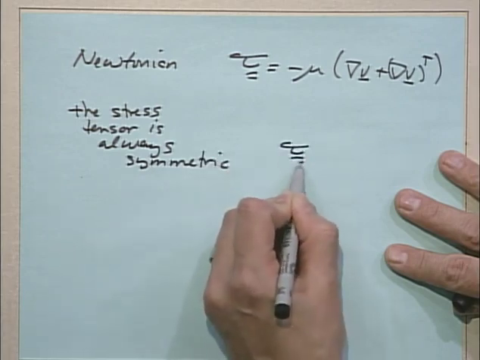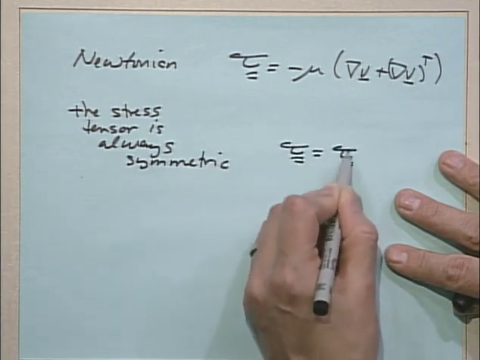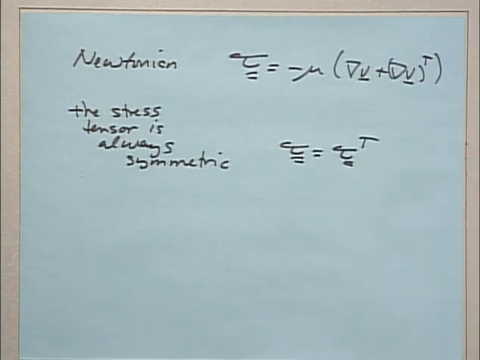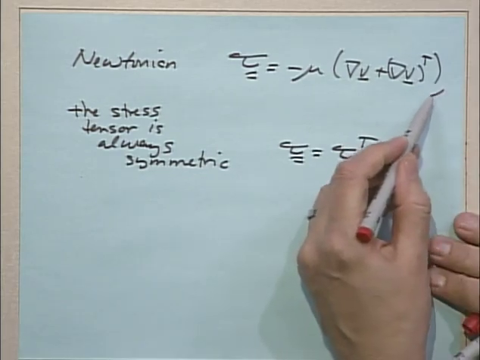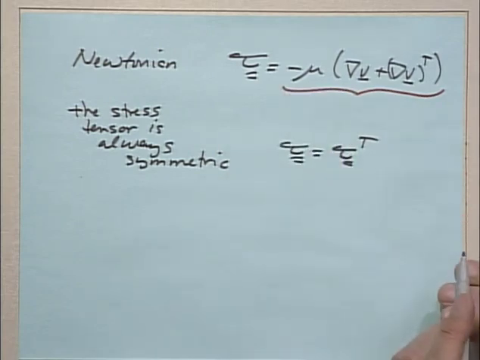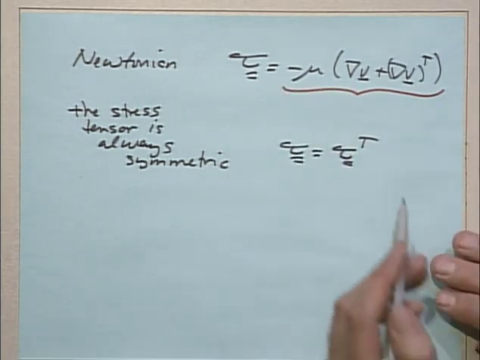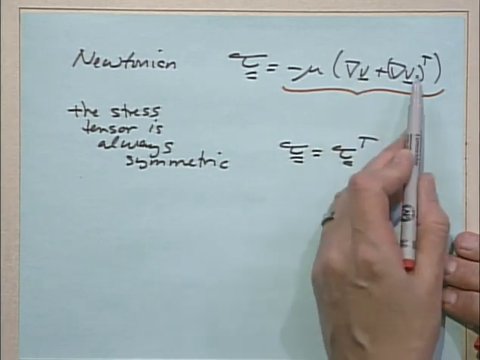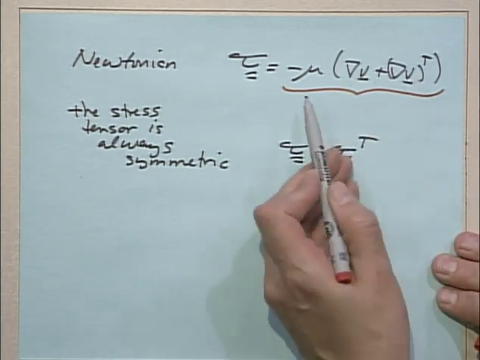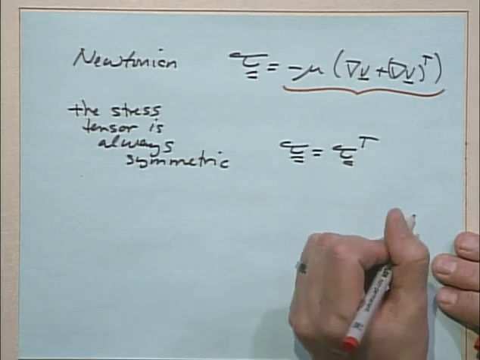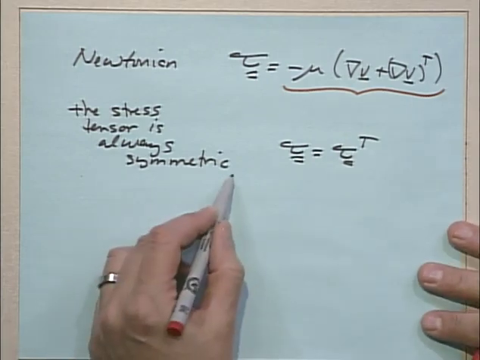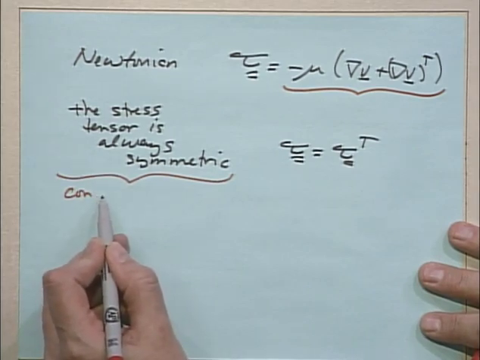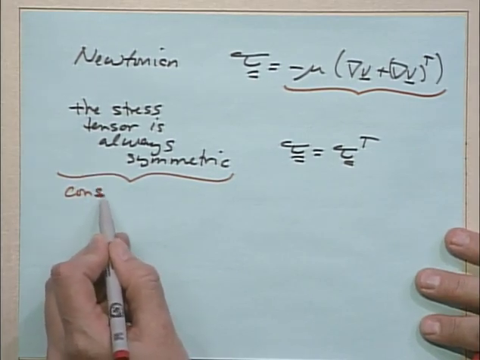So that means tau is equal to its transpose. And if you check me, if you take the transpose of this, you'll find that it's equal to itself. You can sort of see why, right? This one becomes transposed, this one becomes untransposed, and it becomes the same equation. This rule comes from conservation of angular momentum.